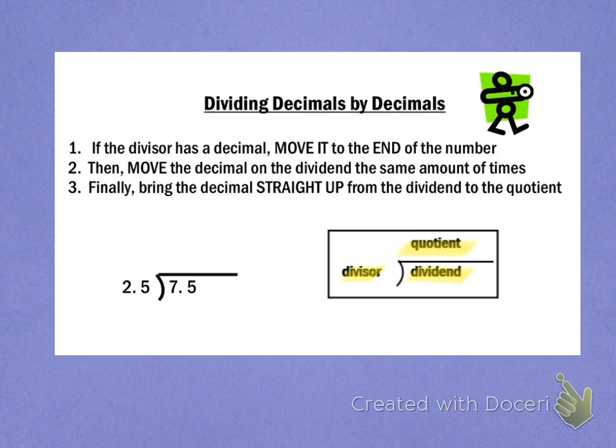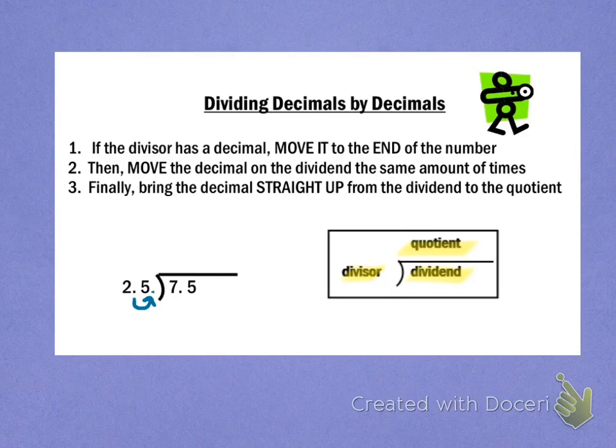Okay, so here we have our divisor of 2.5. We do not want to divide by decimals. We want it to be a whole number. So in order to make 2.5 a whole number, 25, we move this decimal one time over to the right.